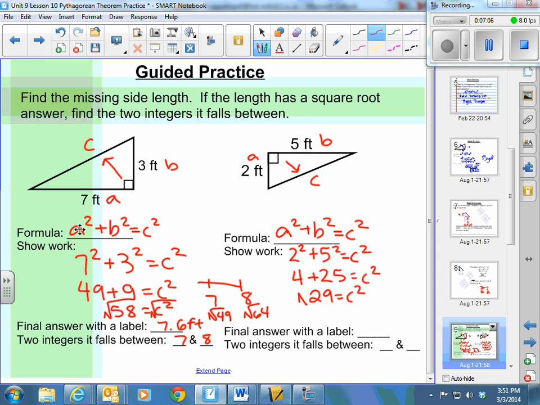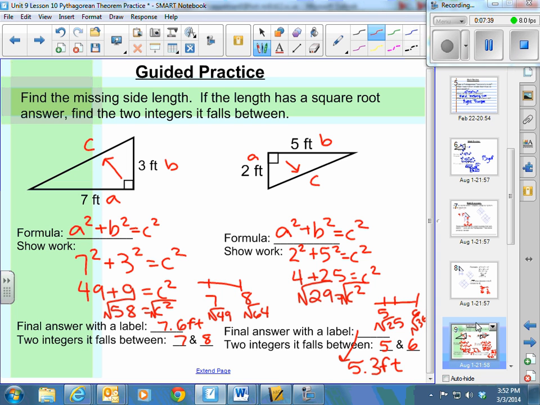And then again, you're going to have the square root of 29 being between the square root of 25 and the square root of 36. And it's slightly closer to the square root of 25, which is 5. So we're going to say it's about 5.3. And our label would be feet.